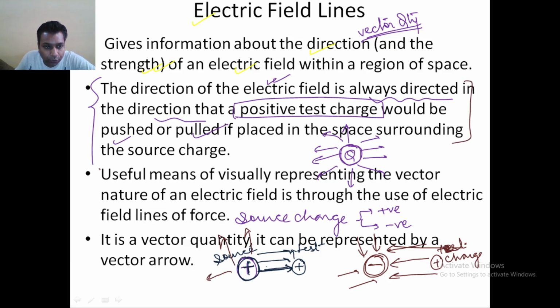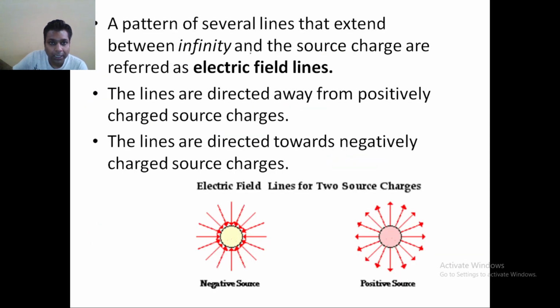Now it is a useful means to visually represent the vector nature of the electric field, to understand the strength of the electric field at a particular point. I will discuss this in a few moments, and it is represented by a vector arrow. Now the pattern: several lines extend between infinity and the source charge.